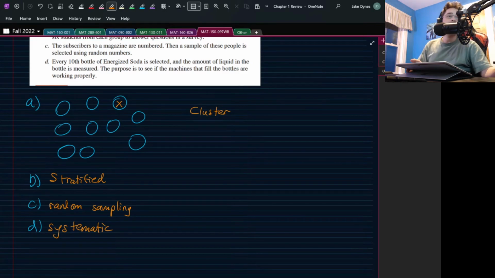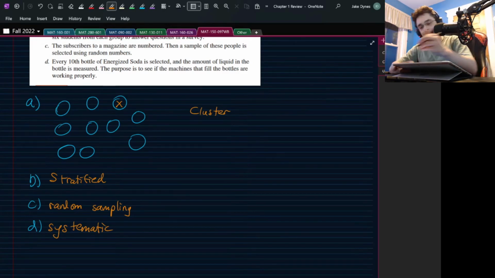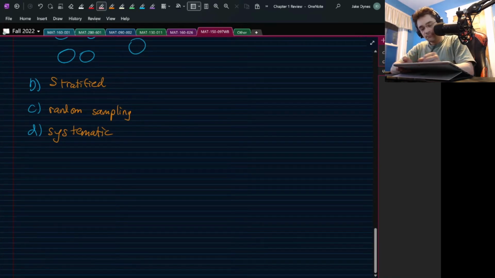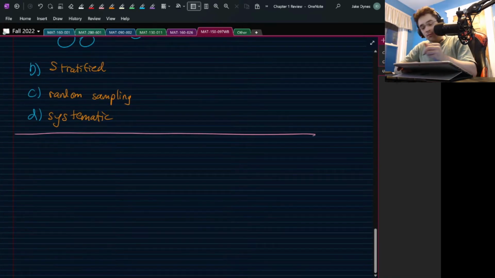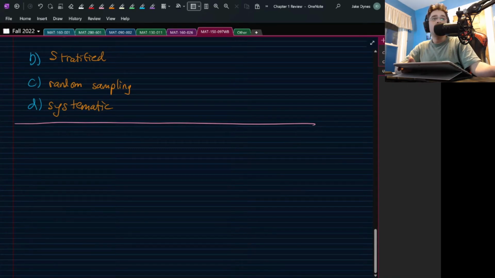Okay, and that covers section 1.3. And what about 1.4? This one's on experimental design.